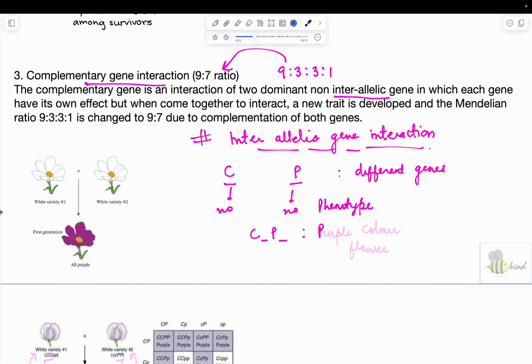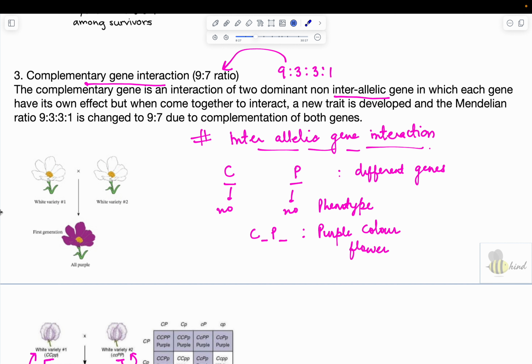When both dominant alleles are together, they produce purple color. Dominant C alone gives white flowers, dominant P alone gives white flowers, but together they produce purple flowers.